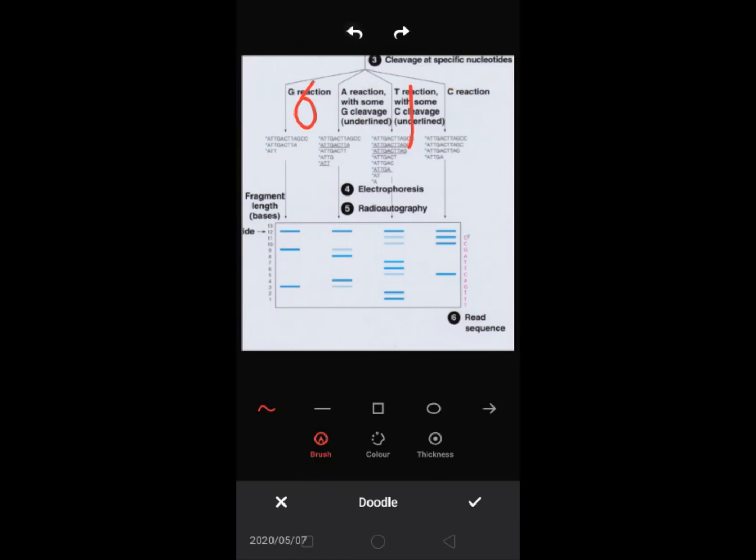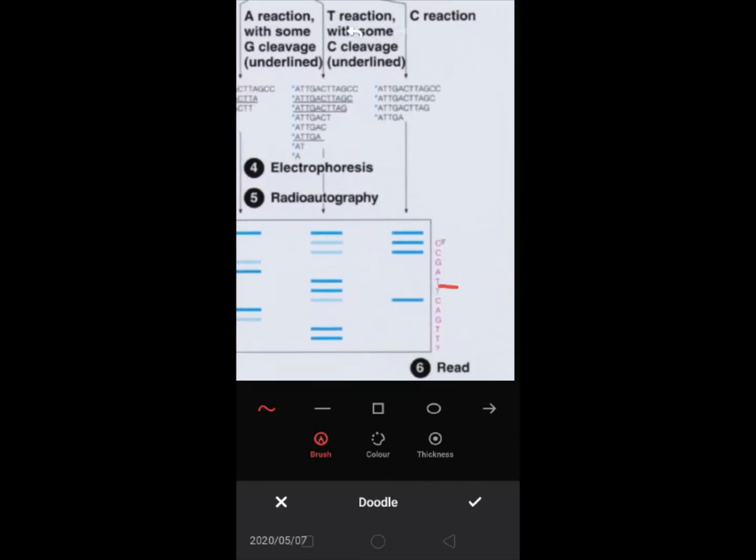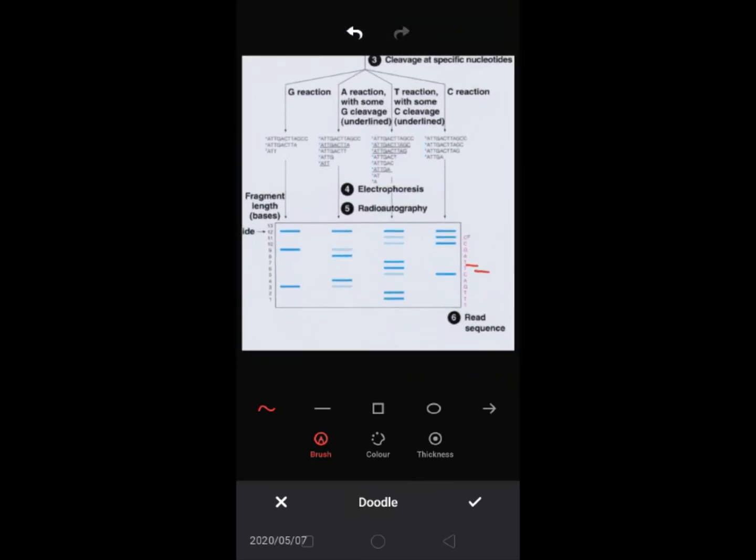What is very unique to T plus C? Yes, it is T, thymine. Therefore, our next nucleotide here is thymine, and again after that we get visualization only in T plus C, and then again it is thymine and then C. This shows us how we decipher the code, and this goes on for another 2 or 3 rounds and we get our DNA sequence. This is how to read the sequence, and it is very interesting.